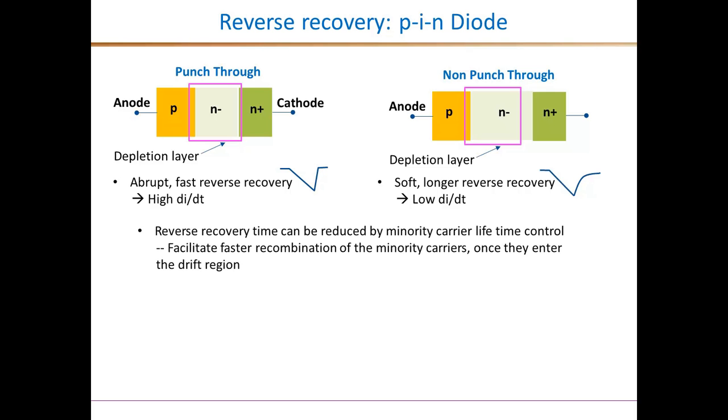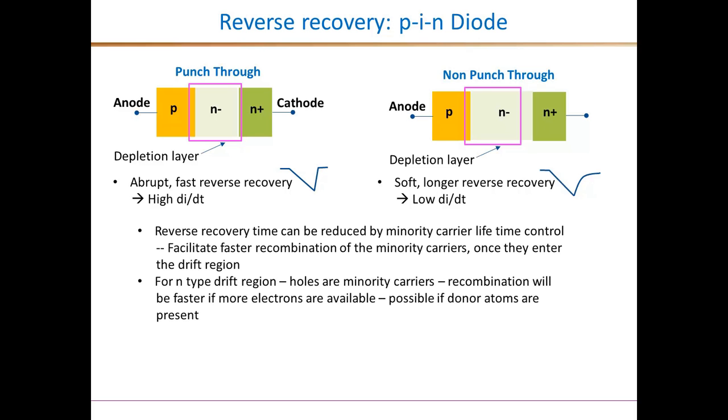So we can by design reduce the reverse recovery time by reducing or controlling this minority carrier lifetime. And this will enable faster recombination of the minority carriers, therefore reducing the reverse recovery time.